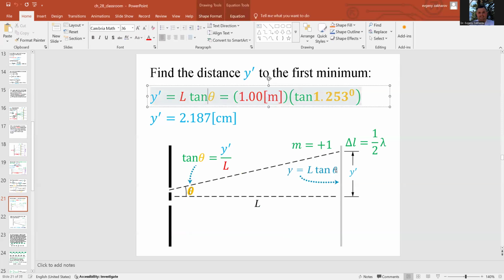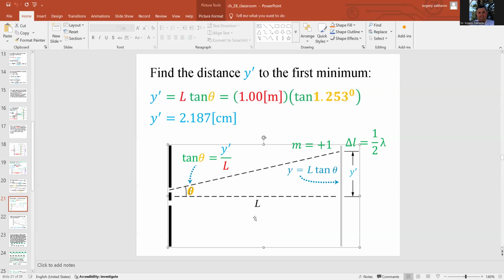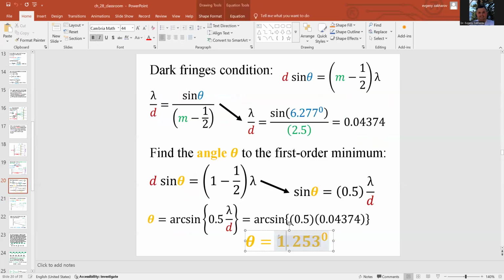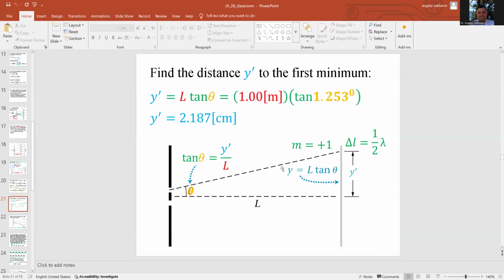So solving for vertical distance, it's the horizontal distance times the tangent of the angle that we just figured out from the previous part. So 1 meter times the tangent of this 1.253 degrees gives you 2 centimeters.